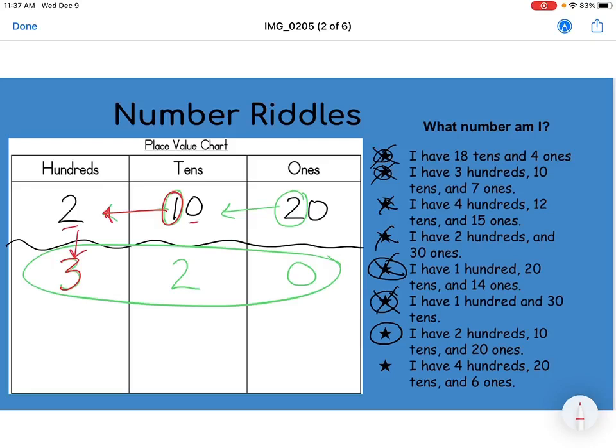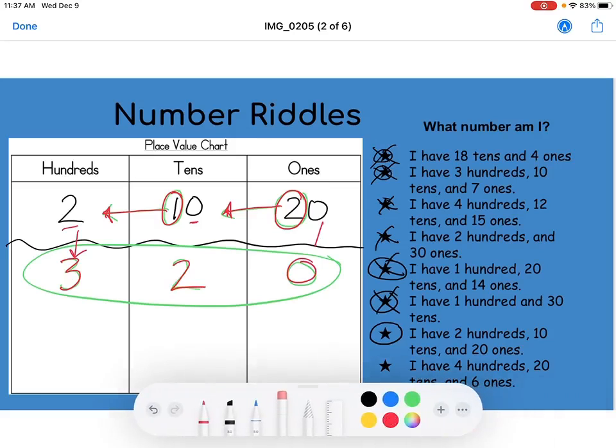And that left me with 0 in the tens place. But I saw that I had this 2 tens to move over, so I'm moving the 2 over into this spot. 2 plus 0 is 2, and then that left me with the 0. So my answer is 320. All right, isn't this fun? I like playing with these numbers.